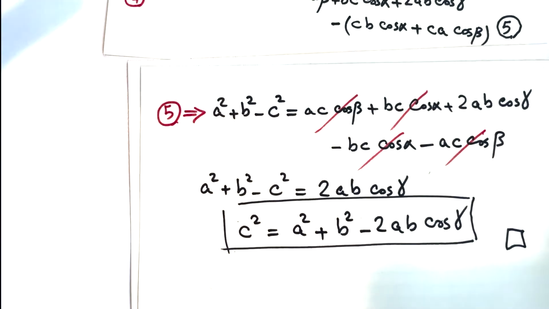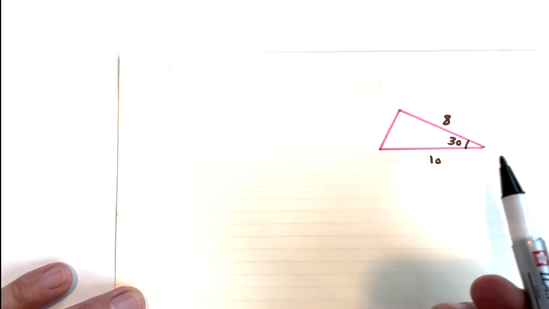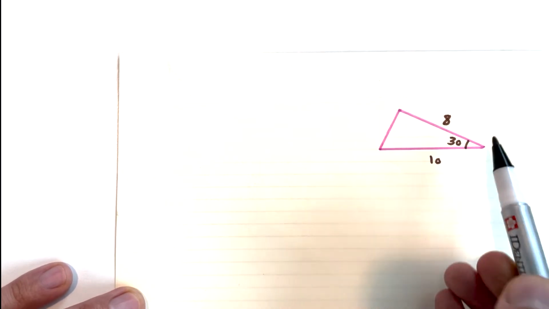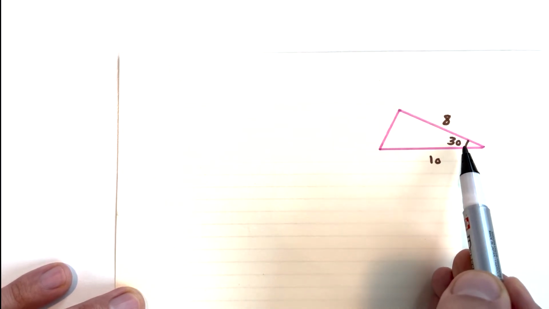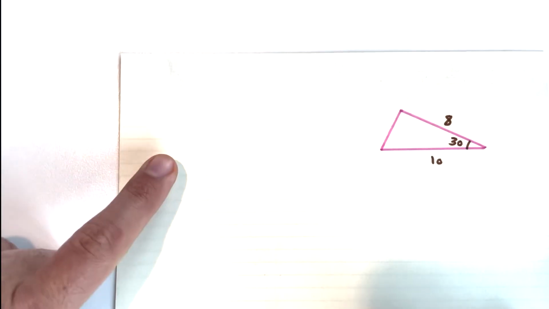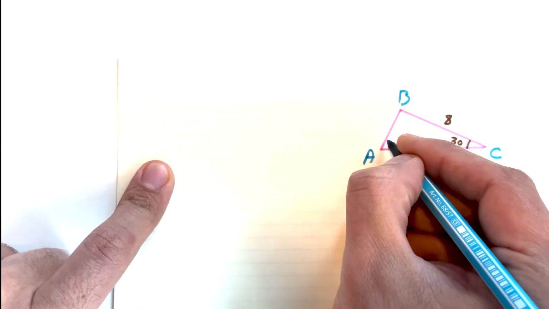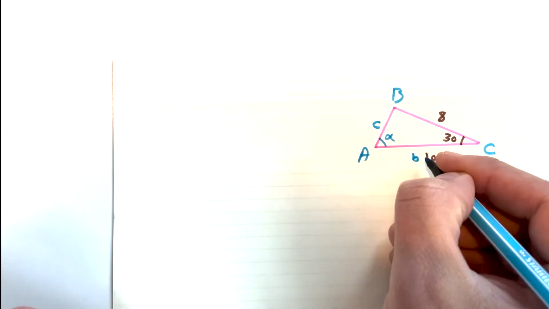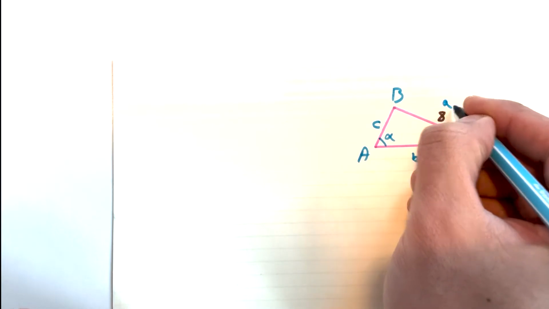Now let's take a look at some examples. This is the first example. We have this triangle here. This side is 10, this side is 8, and this angle here is 30 degrees. We want to find the value of the other side. I'm going to name this triangle: this side is c, this is b, and this is a.